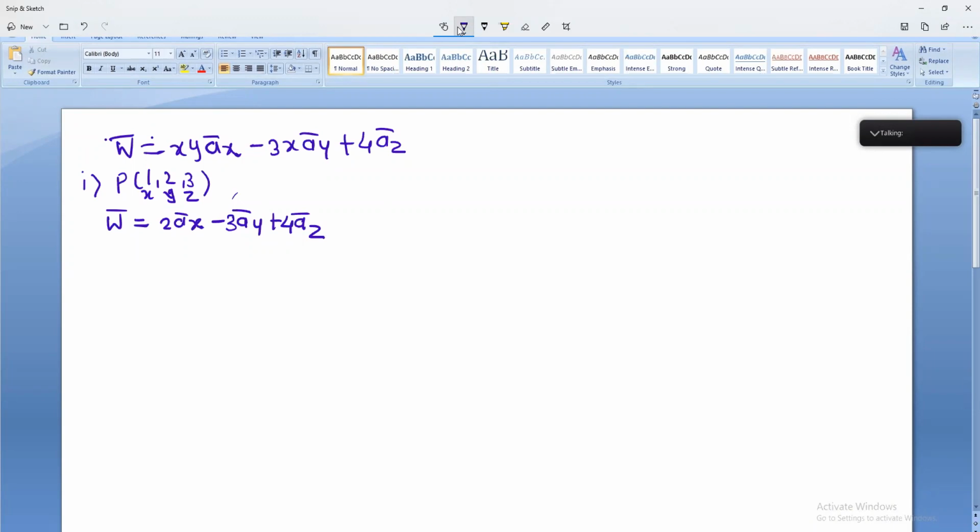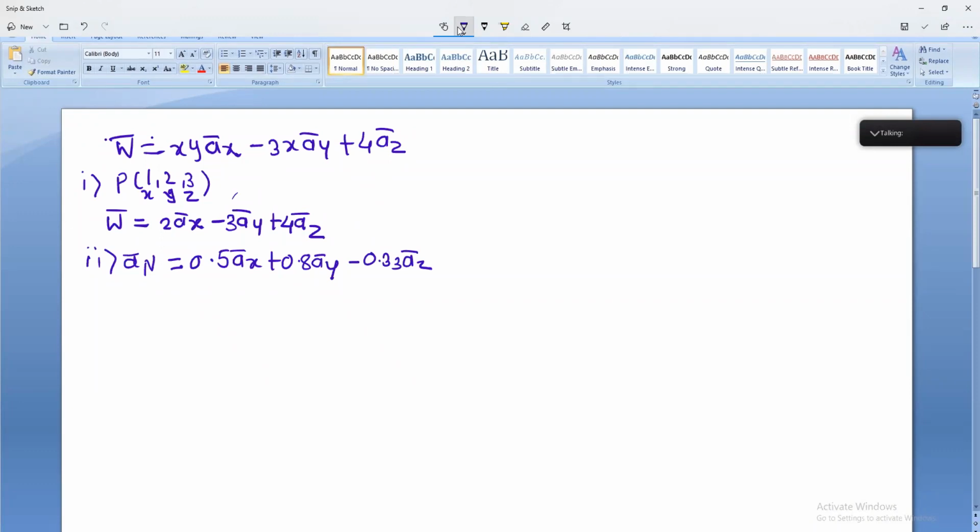Now the second question was the component of W bar at point P in the direction of a unit vector. The unit vector was given, a bar n, and this a bar n is equal to 0.5 a bar x plus 0.8 a bar y and minus 0.33 a bar z.